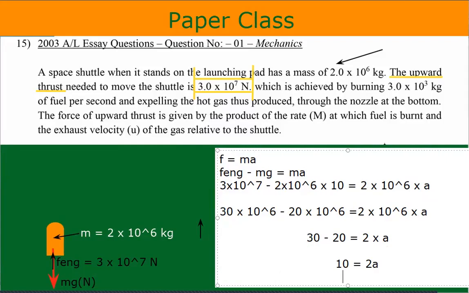So acceleration equals 10 divided by 2, that is 5 meters per second squared. Got it here?